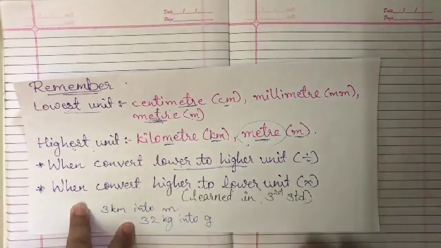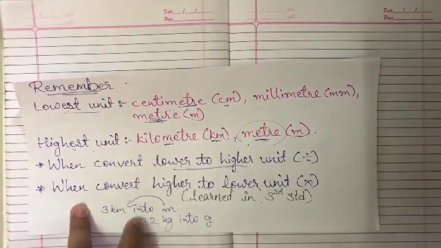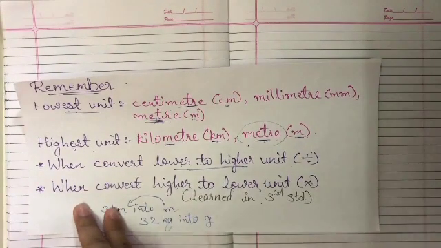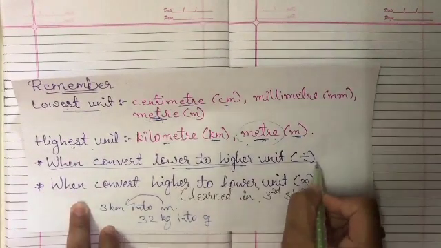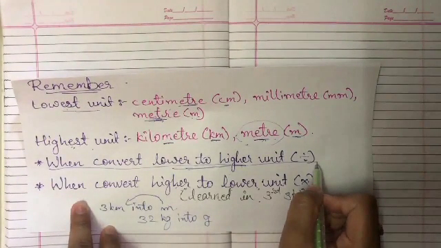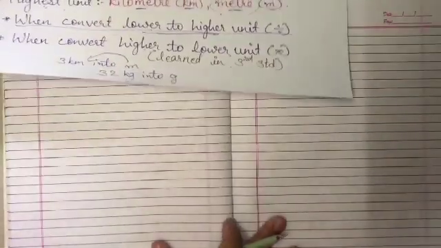These things we have learned already, but now we have to do the reverse. We have to go from smaller to higher. So we are going to learn lower to higher unit conversion. Let's start that work.